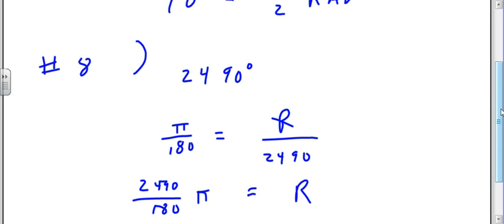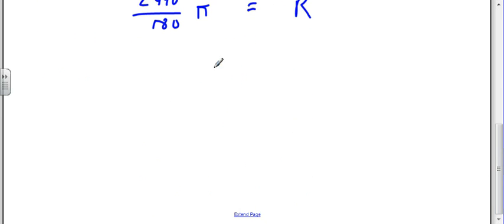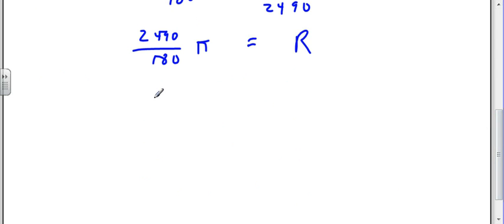All right, well, the 0 goes away. 249 over 18 pi. I notice that I can divide top and bottom by 3, so I will. I divide top and bottom by 3, and I have a 6 there. 3 goes into 249 83 times. 83 over 6 radians. Really?